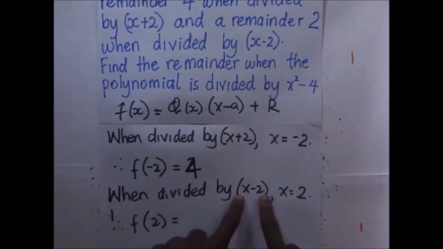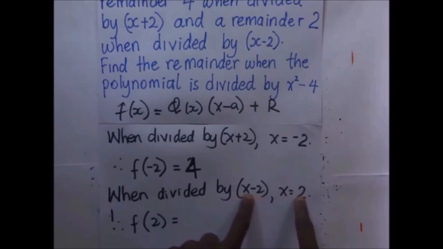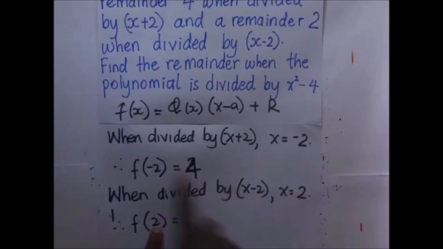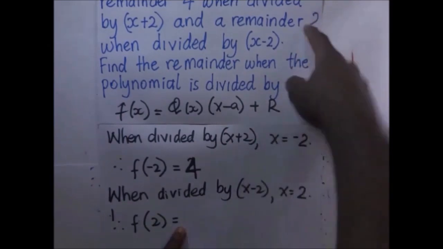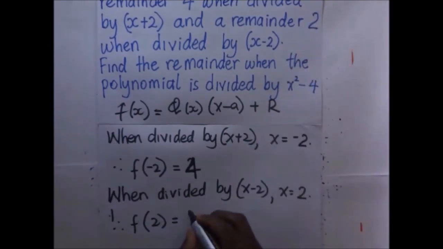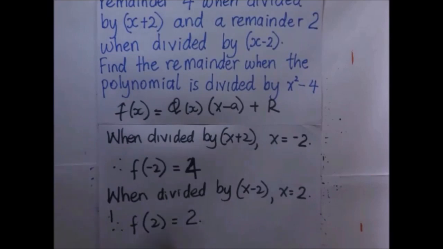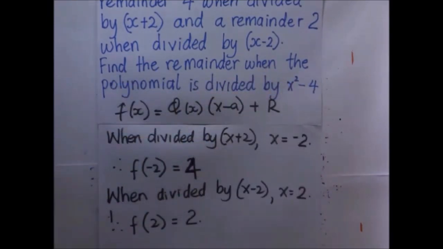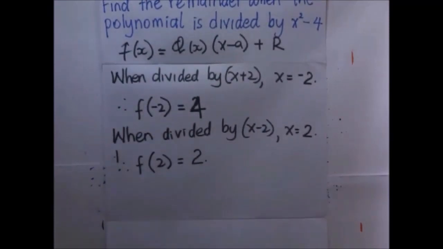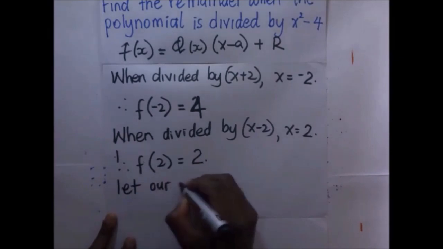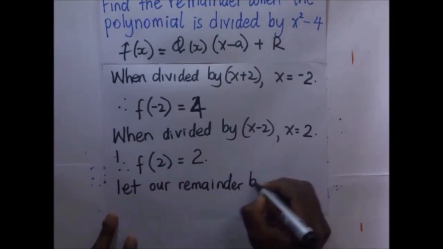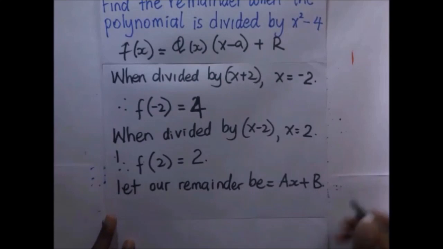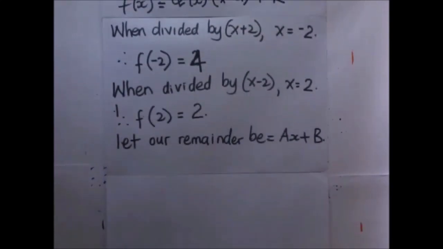So when it's divided by x minus 2, our value of x is going to be 2, and when we put 2 in the place of x, our remainder is supposed to be 2. They're asking us to find the remainder when the polynomial is divided by x squared minus 4. Let our remainder be equal to ax plus b.